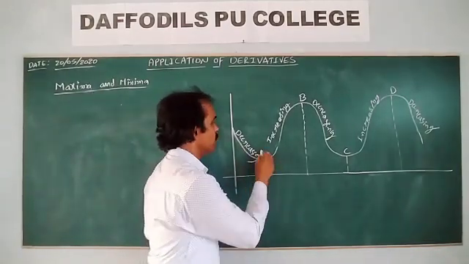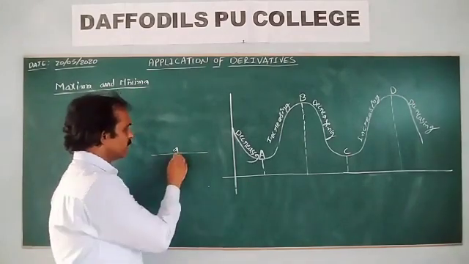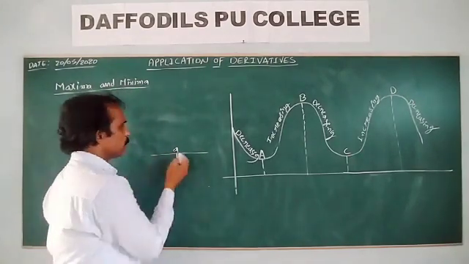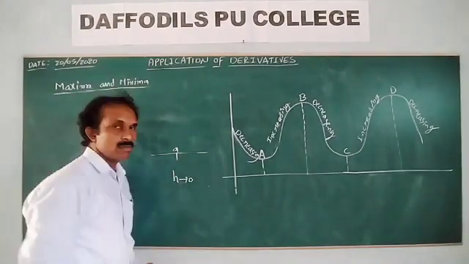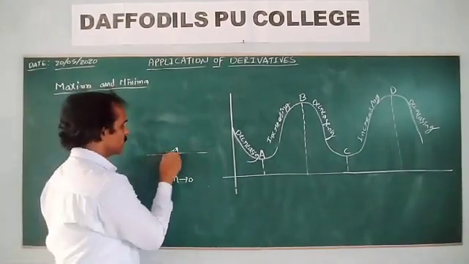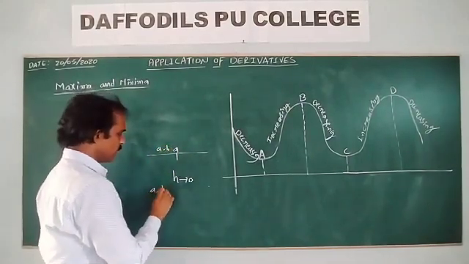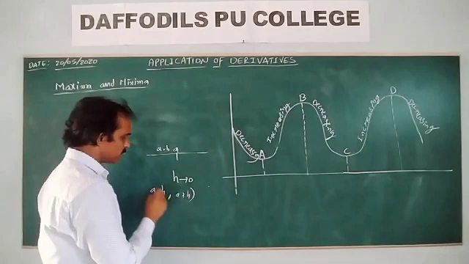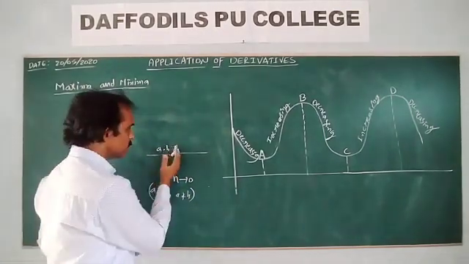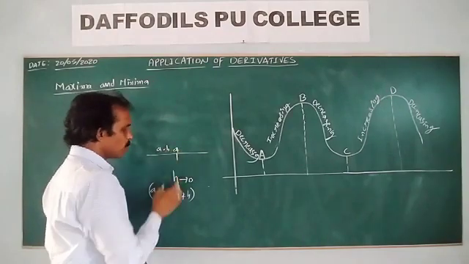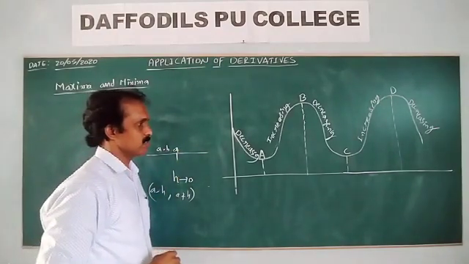Suppose we take the neighborhood of this point A, where h is a very small value tending to 0. This neighborhood can be written as the interval A minus h, comma, A plus h, the neighborhood of A. These are local points, neighborhood interval points.